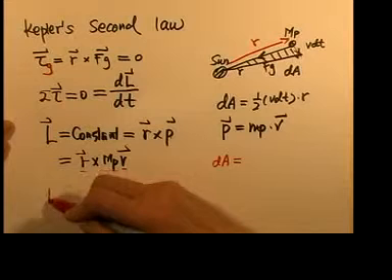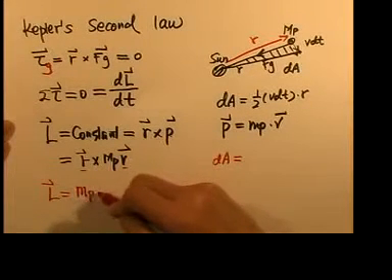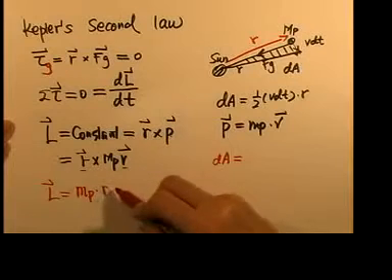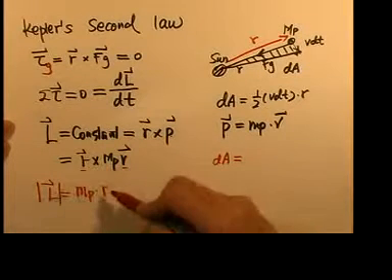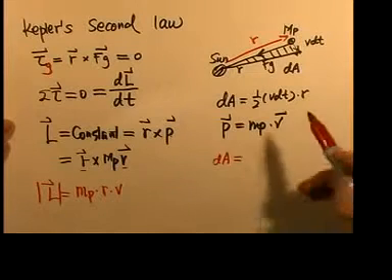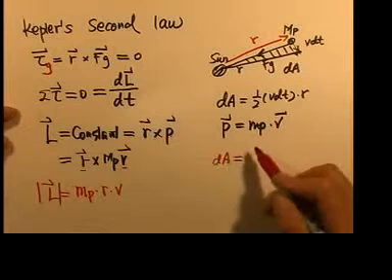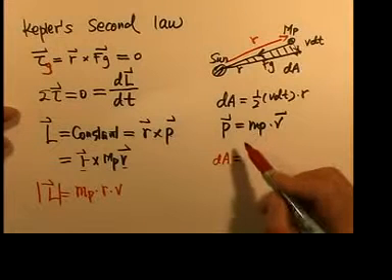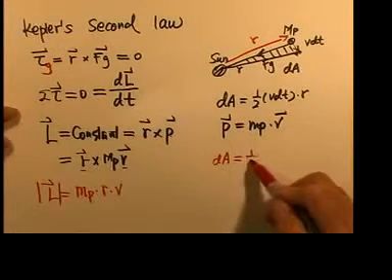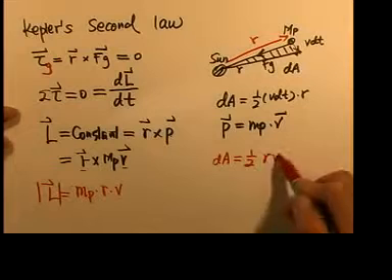So the angular momentum is the mass of the planet times r times v. So dA can be expressed as 1/2 of r v dt.